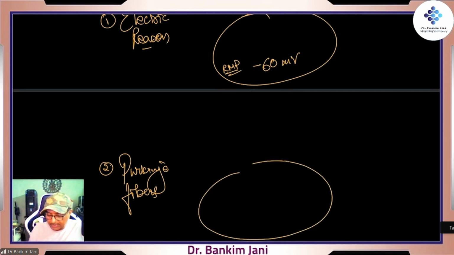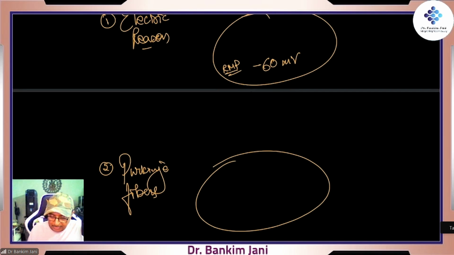So this is the cell of the Purkinje fibers. If we sit inside the cell of the Purkinje fibers, one major thing we'll see is that its resting membrane potential is minus 90 millivolt. That one is minus 60, this is minus 90. Now go back to those graphs. Both are electric systems, so there won't be any plateau.